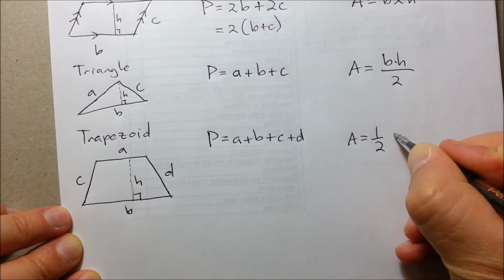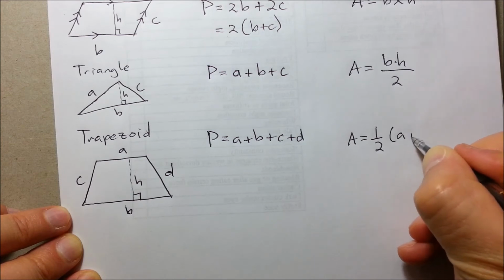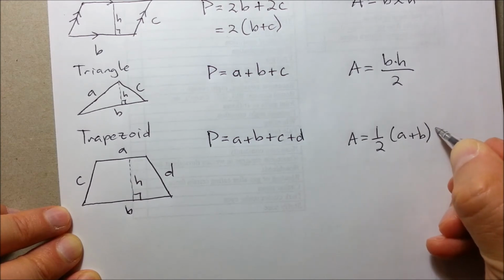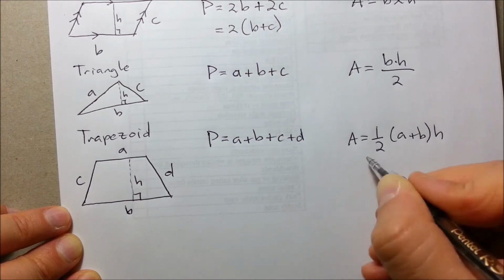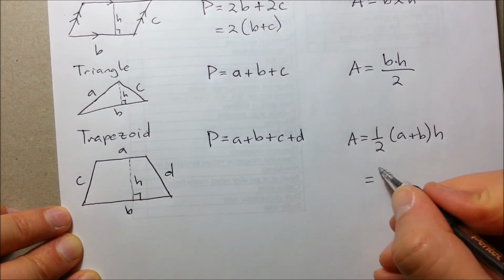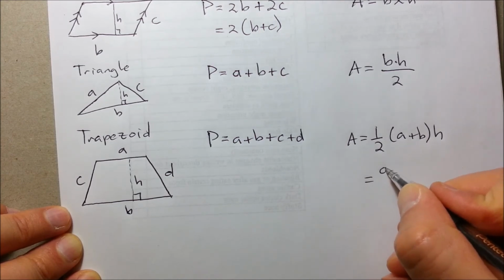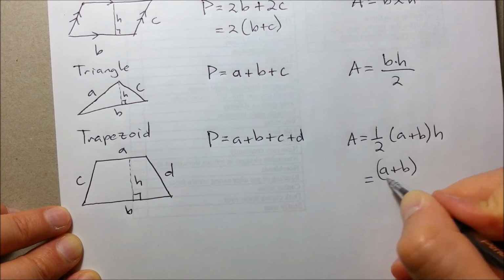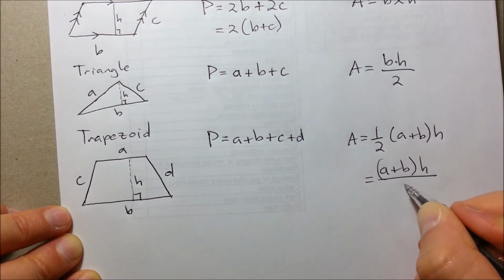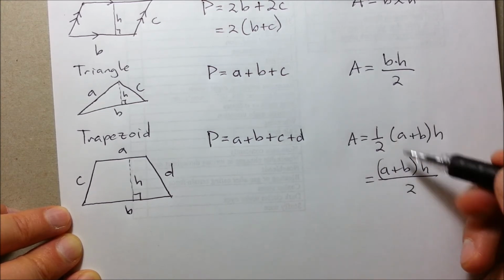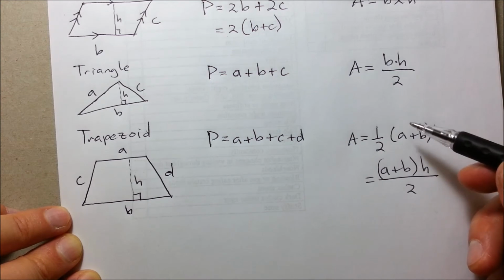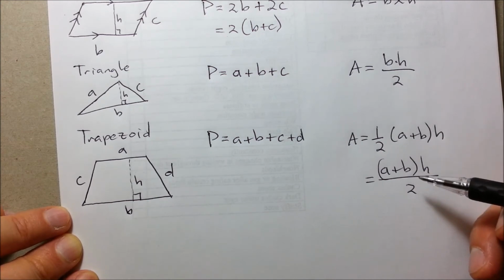It's 1/2 times A plus B in brackets multiplied by the height. This can be rewritten as A plus B in brackets times the height divided by 2. Either formula works. You can use whatever you're comfortable with.